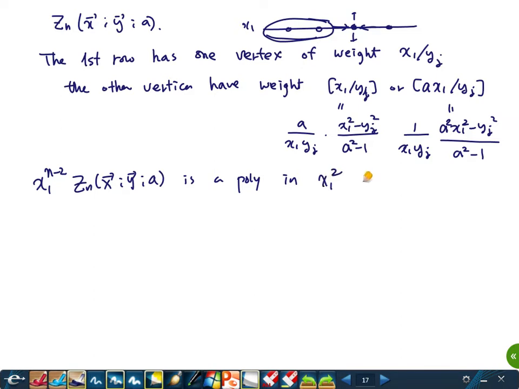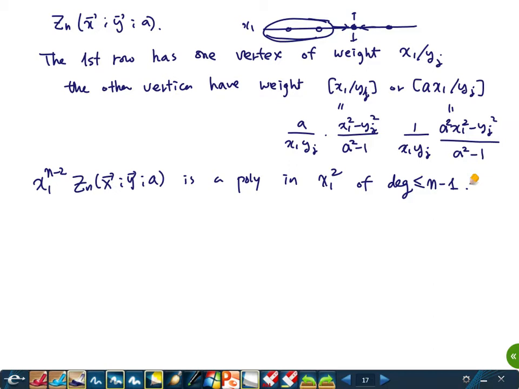What is the degree? This is the only time we have x1. For other vertices, they don't have x1. So we have n minus 1 points there. So the maximum possible degree is n minus 1, as before. Okay?